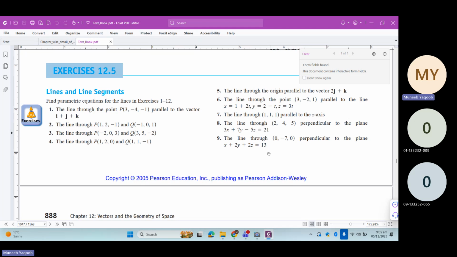And then they have given us parametric equations of another line, which is x equals 1 plus 2t, y equals 2 minus t, and z equals 3t. So we are to find the equation of the line that is passing through the point (3, -2, 1) and which is parallel to a line whose parametric equations are given.